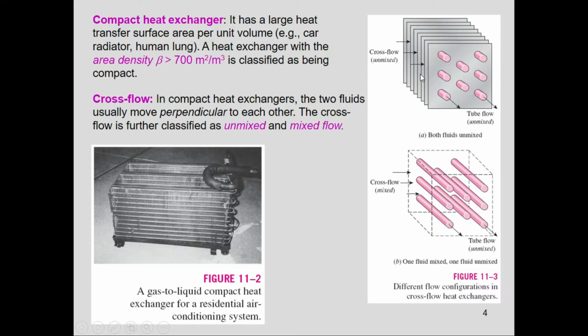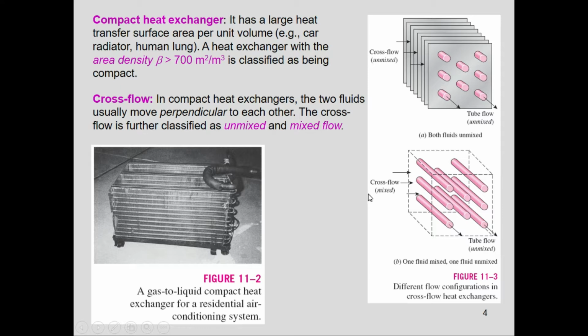So the fluid which is moving through these vertical plates is unmixed, right? So both of the fluids, which are moving perpendicular to each other, are unmixed. And the second classification is where one fluid is mixed and one fluid is unmixed. The fluid which is moving through these pipes is considered unmixed because it is not mixing with any other fluid.